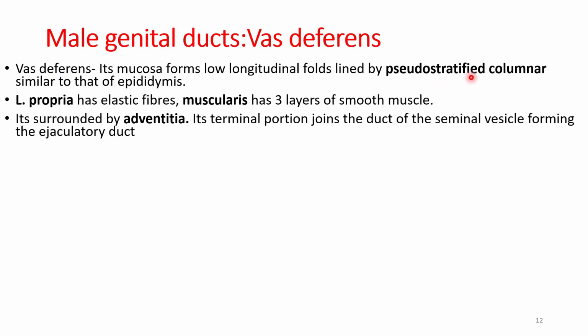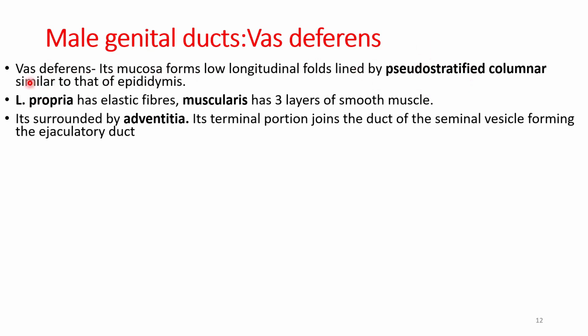It's pseudostratified columnar epithelium. The difference is that it won't contain a lot of stereocilia, very little. From the distal aspect it will contain some stereocilia, but as you move, the stereocilia decrease and eventually there will be none. So the mucosa contains the pseudostratified columnar epithelium.